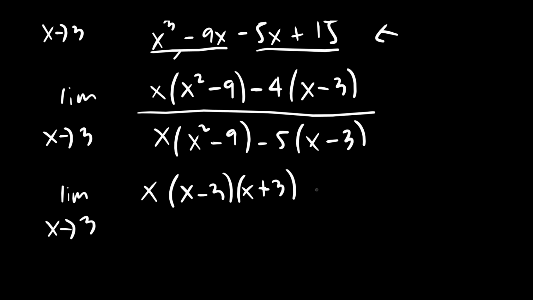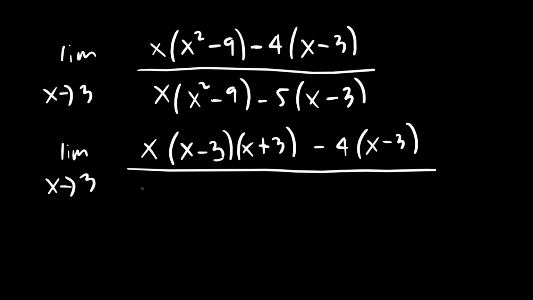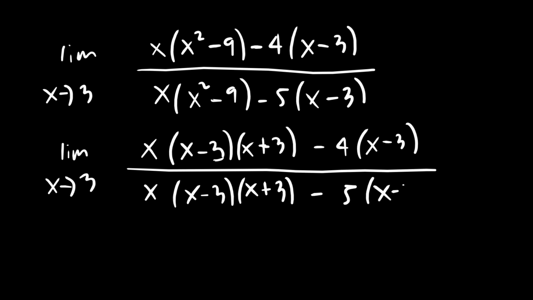So the numerator is x multiplied by x minus 3 times x plus 3, minus 4 multiplied by x minus 3, and the denominator is x minus 3 multiplied by x plus 3, minus 5 multiplied by x minus 3.